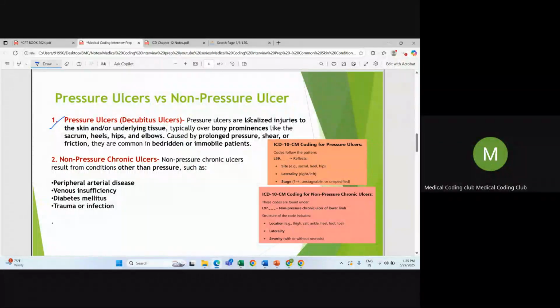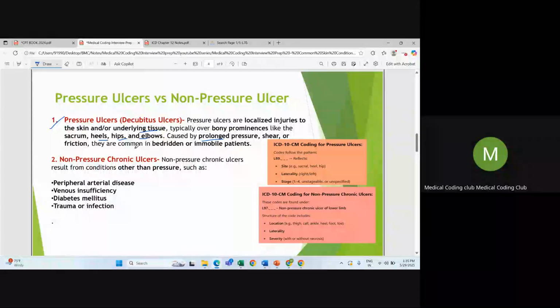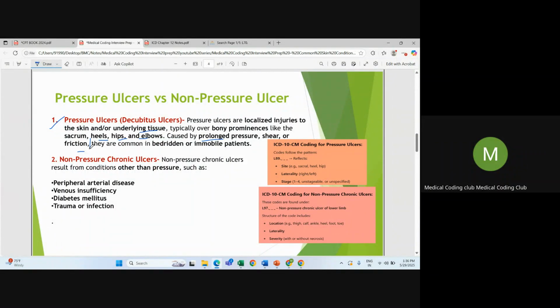Pressure ulcers are localized injuries to the skin or underlying tissues, typically over bony prominences like the sacrum, heels, hips, and elbows, caused by prolonged pressure or friction. And pressure ulcer is common in bedridden or immobile patients. It is very common in bedridden patients because they will be on bed, so there will be no movement.